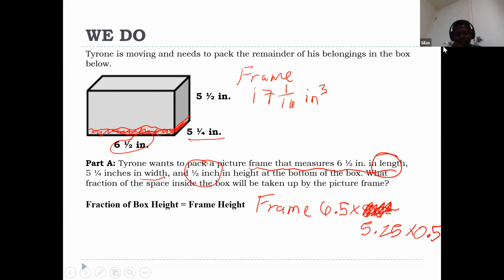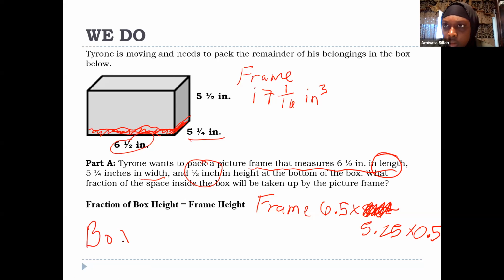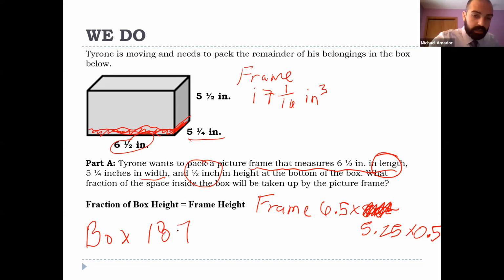187.6875. Show me if you agree. I see Katie disagreeing. Can you repeat that, Silas?